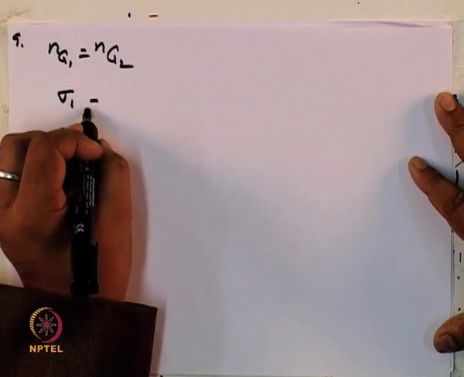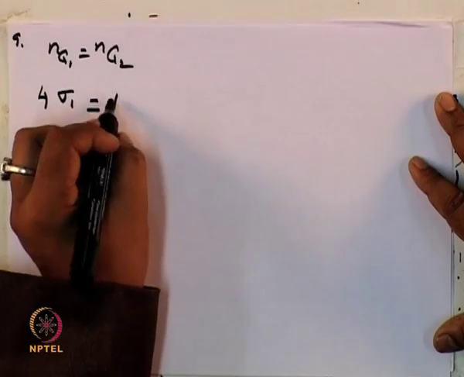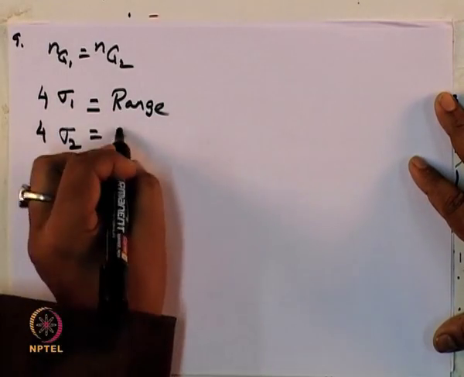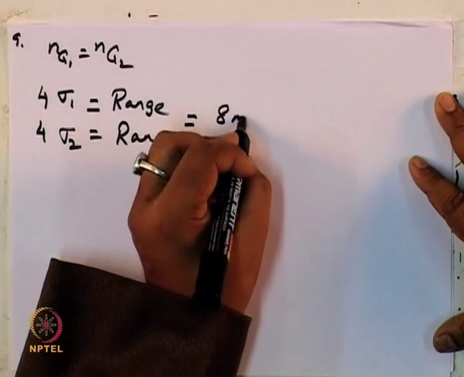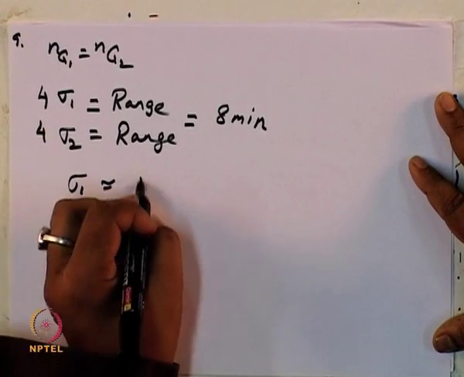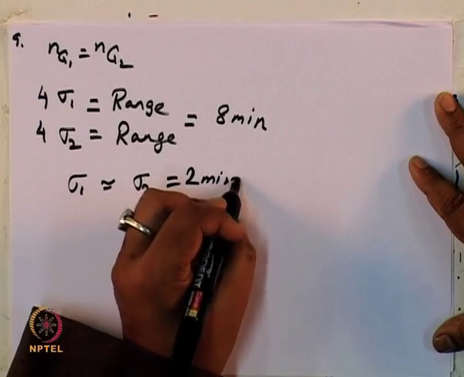Now, you remember this approximation as 4 times sigma is equal to range. So, I can write 4 times sigma equal to range, and this I am given as 8 minutes. So, from this you can estimate sigma 1 equal to sigma 2 equal to 2 minutes.